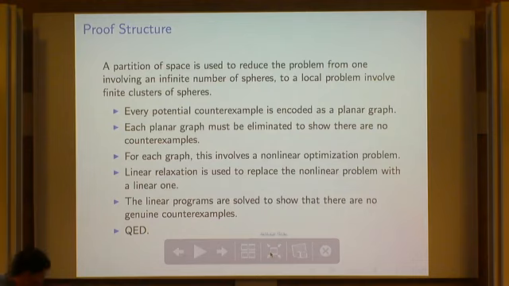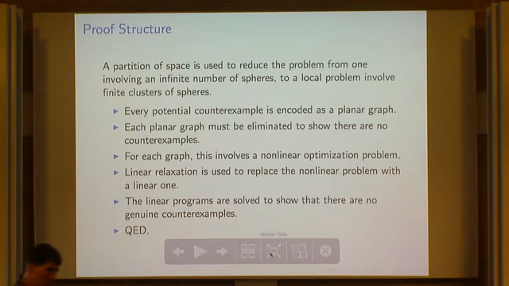Under suitable hypotheses, you can prove that this is then a planar graph on the surface of this sphere. And then you view that purely combinatorially, so you want to encode any potential counterexample as a planar graph in this way.